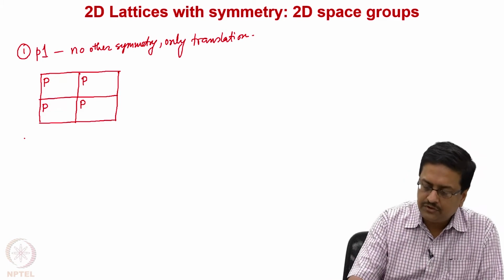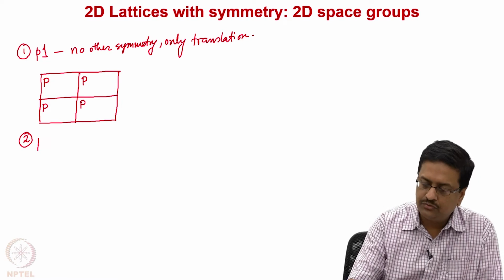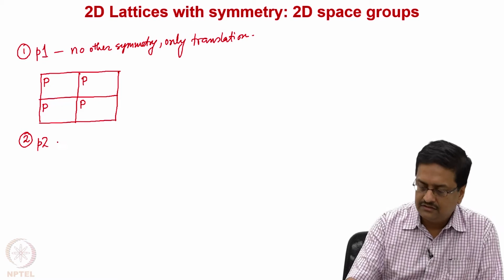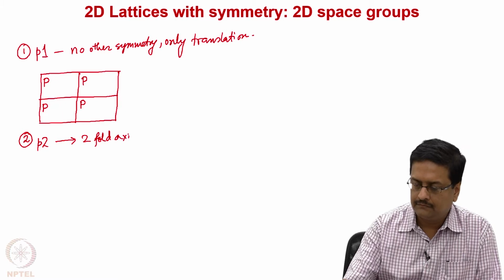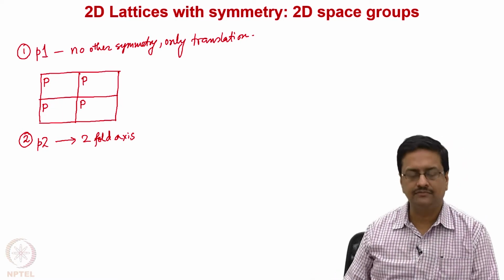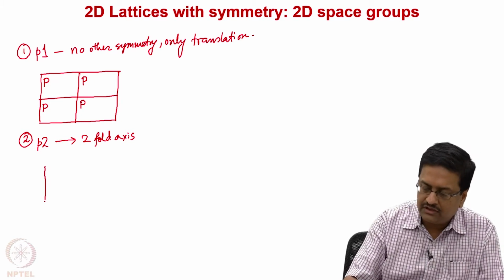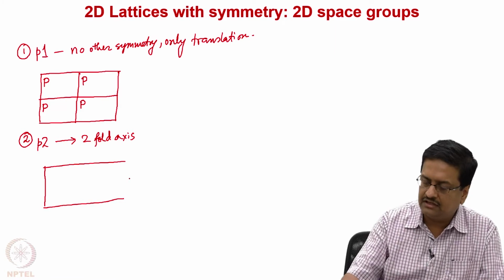The second type of 2D lattice has a space group small p2, which indicates it has a twofold axis of rotation. This twofold axis of rotation is important to generate the symmetry related objects around it.